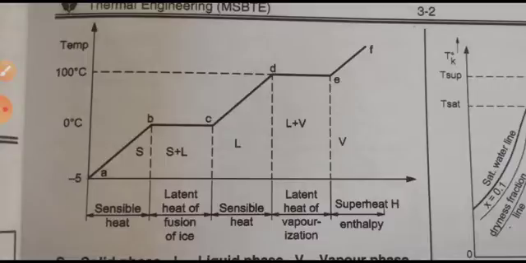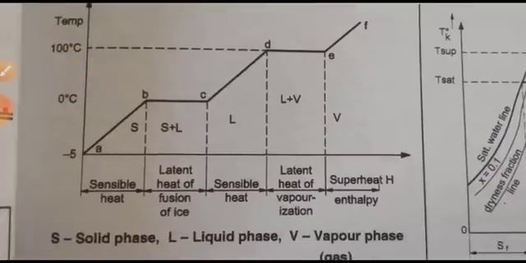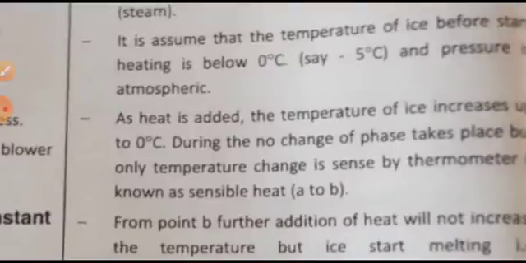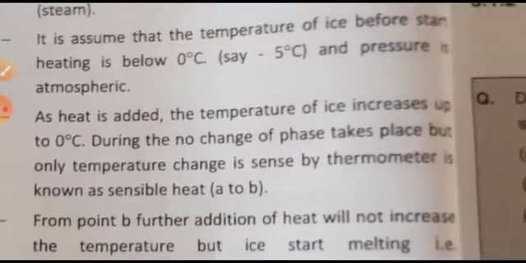We will discuss this diagram: A to B, B to C. A to B is solid state, then B to C is solid plus liquid, then C to D is total liquid, then D to E is liquid plus vapor, and beyond E you will only see the vapor phase of that water. So see this diagram. We will discuss all these phases through which this water goes.